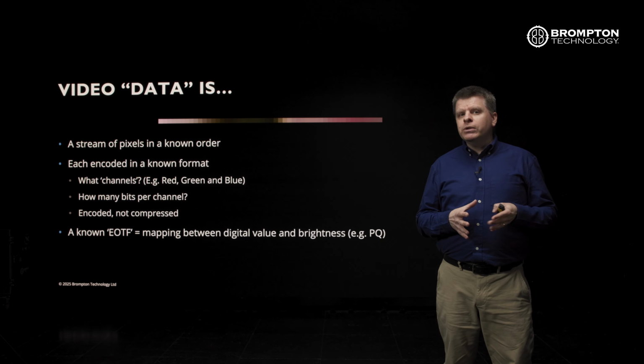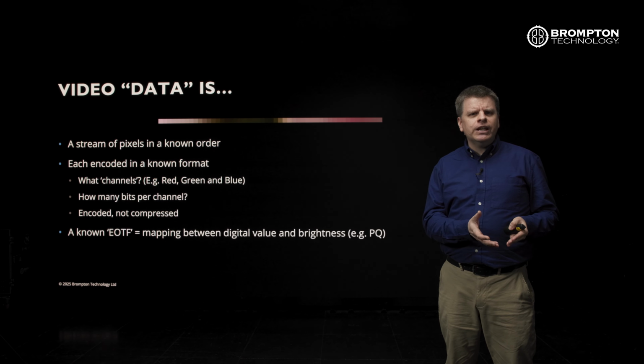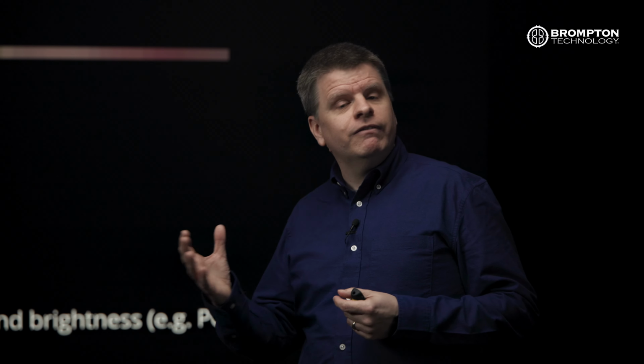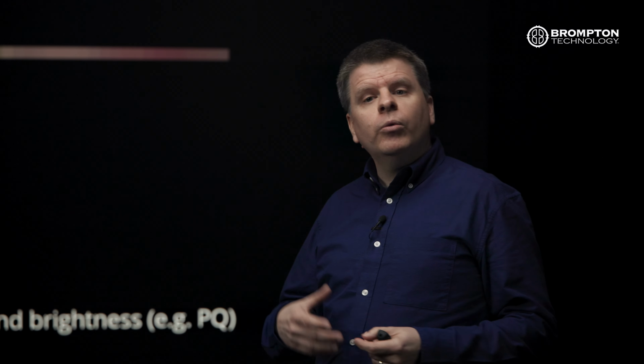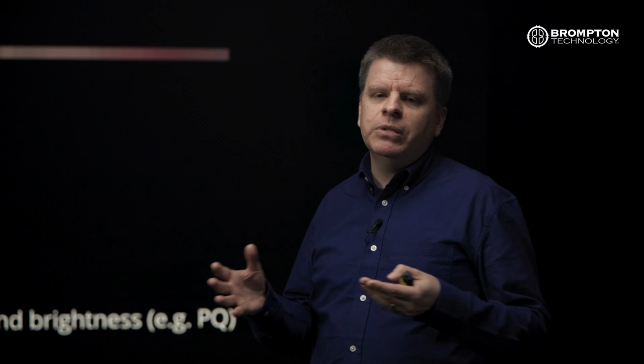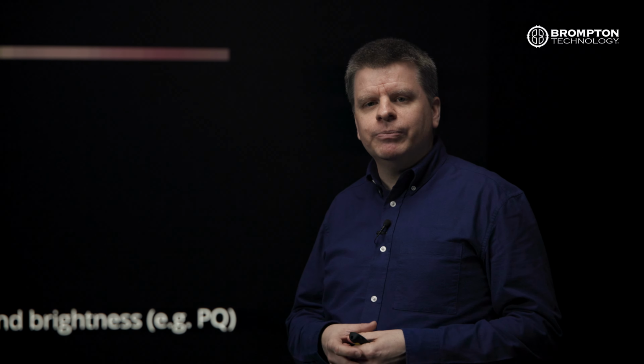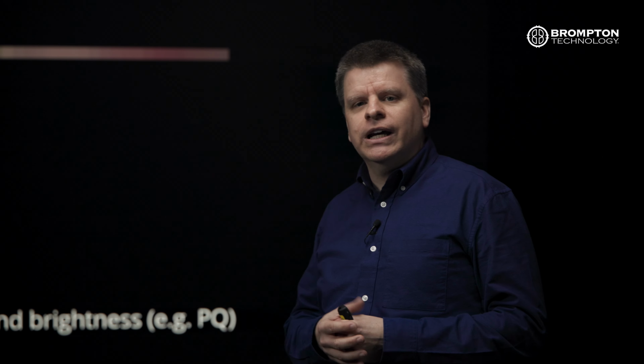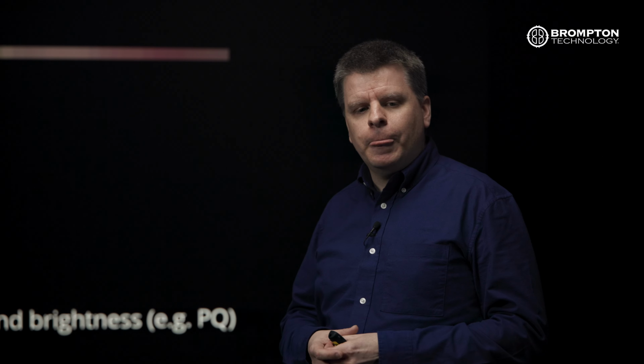You might assume that if we've encoded a value as 50%, that means there's half the amount of light. And that isn't necessarily true. In fact, typically it isn't. And it depends on whether we are working with SDR content and using a gamma curve, or whether we're working with HDR content, be it PQ or hybrid log gamma. So we need to understand how to unpack those pixels back into real-world values using that EOTF.